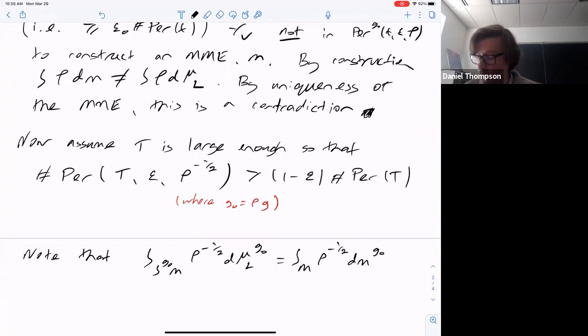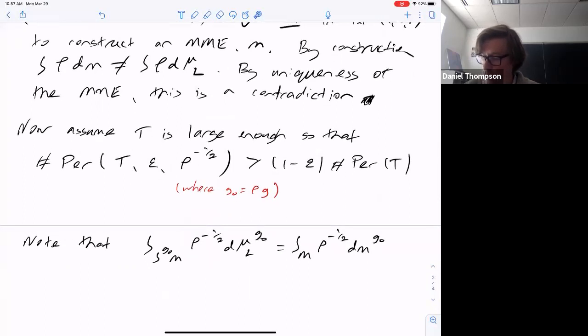We saw that a couple of lectures ago. Remember, this is on the unit tangent bundle, but because this only depends on the base point and not the direction, we just integrate around the circle, and we can integrate on M instead of the unit tangent bundle. And m is just the normalized volume.